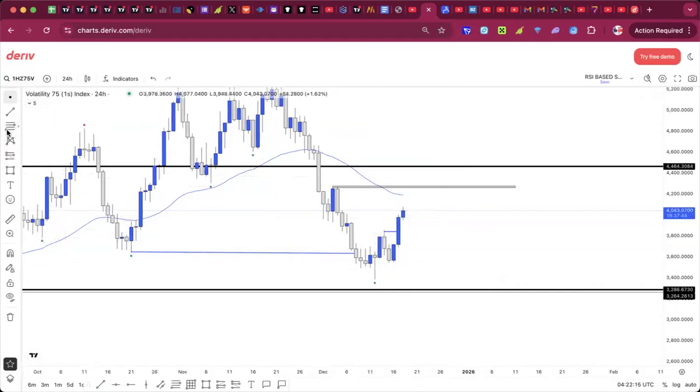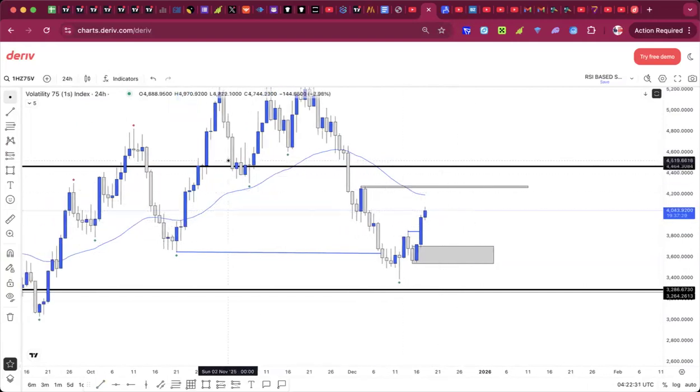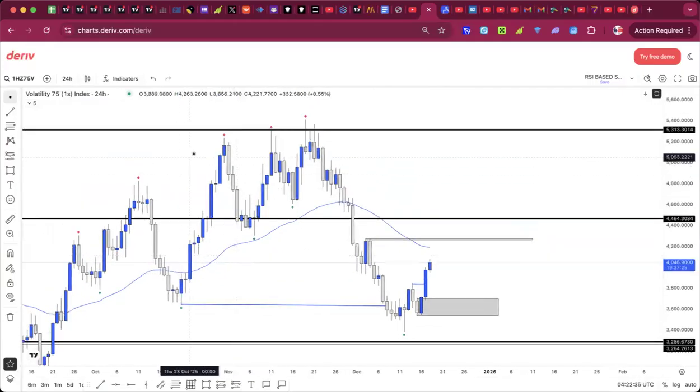So here you want to look at when we are going to have a pullback. You expect a pullback, but it has not happened. That's not a yardstick that it is going to happen. Just like you saw here, the market continued in all of that.